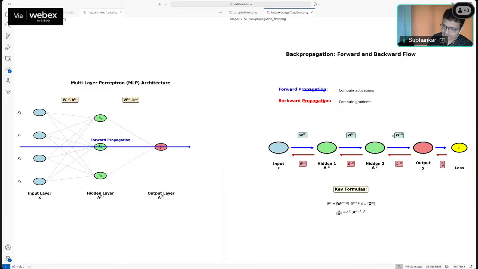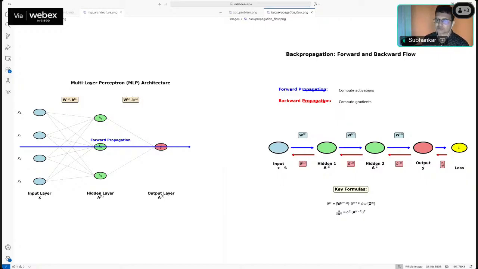Because we cannot do it directly, what we do is something called backpropagation. In backpropagation, we backpropagate the gradient. Gradient is the derivative of the loss with respect to the input that we want to find out. We cannot directly find it, so we use the chain rule to come back.